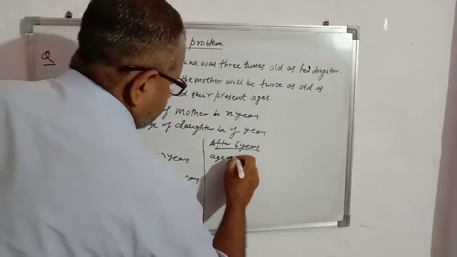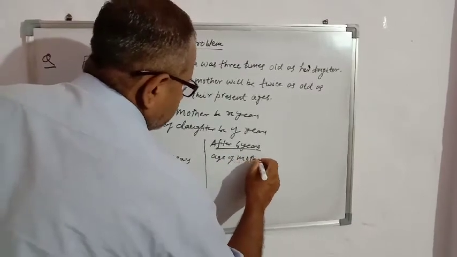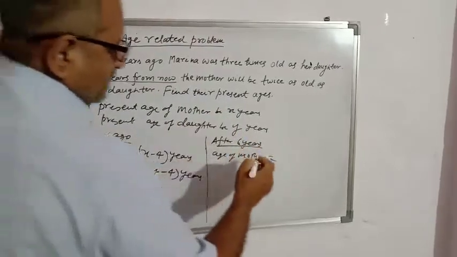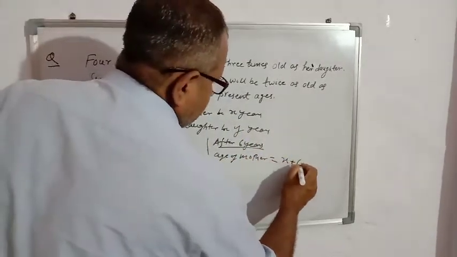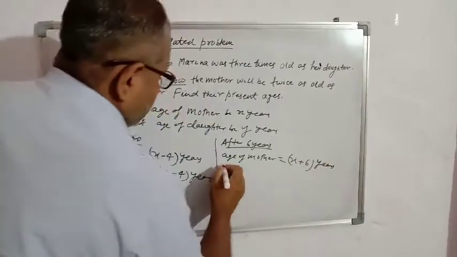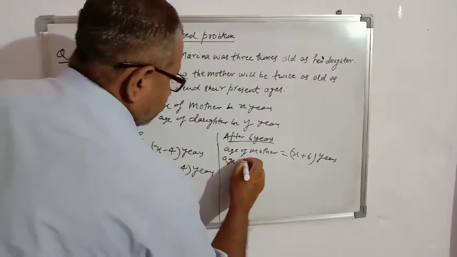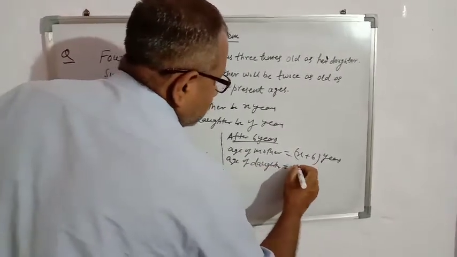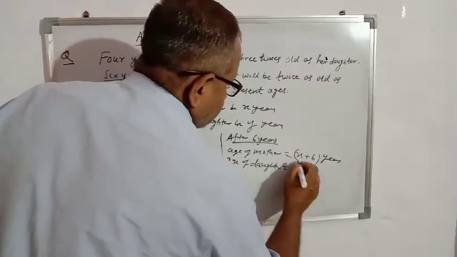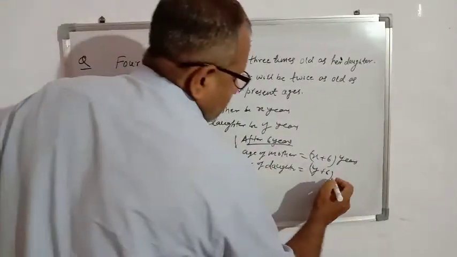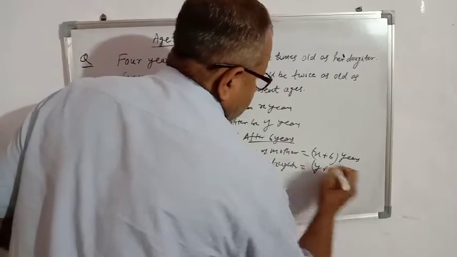Age of mother: present age of mother is x, so after 6 years it will be x plus 6 years. And age of daughter: present age of daughter is y, so after 6 years it will be y plus 6 years.